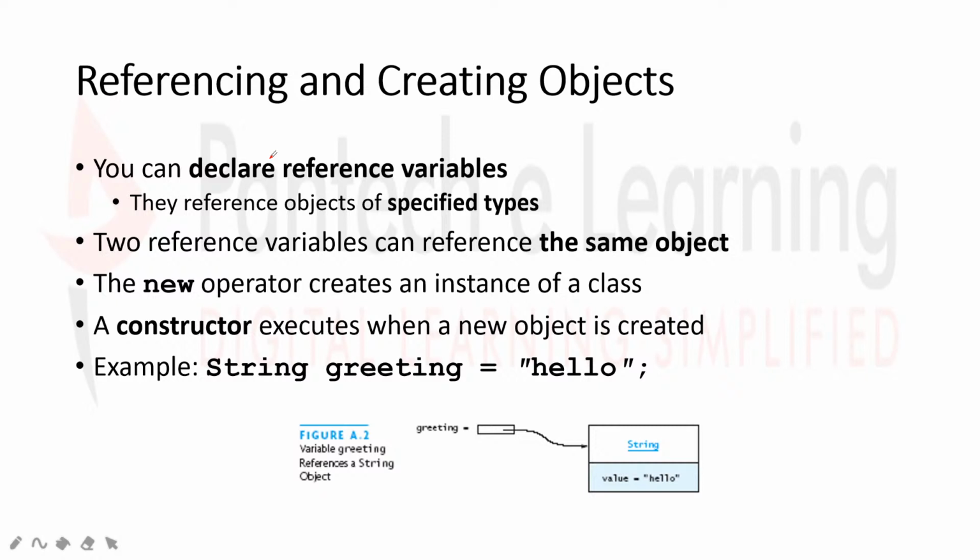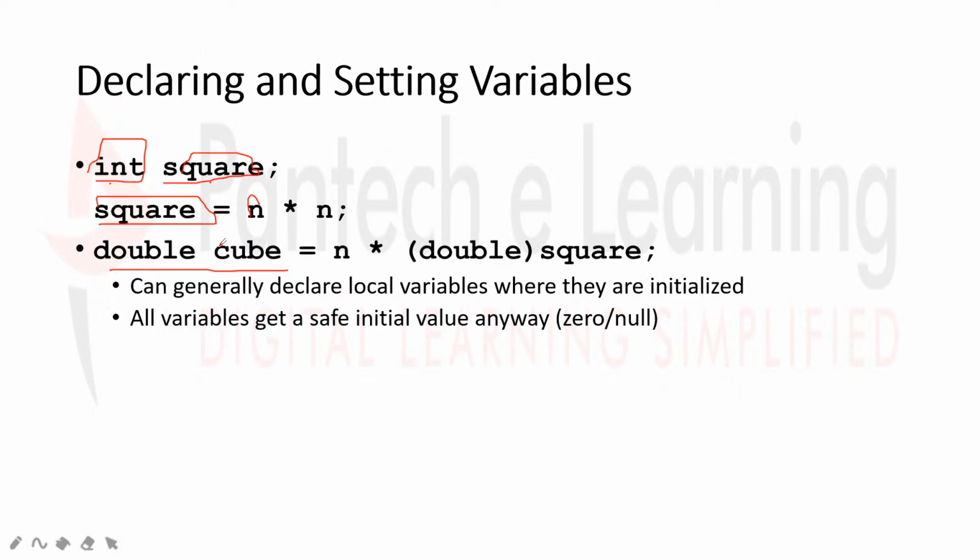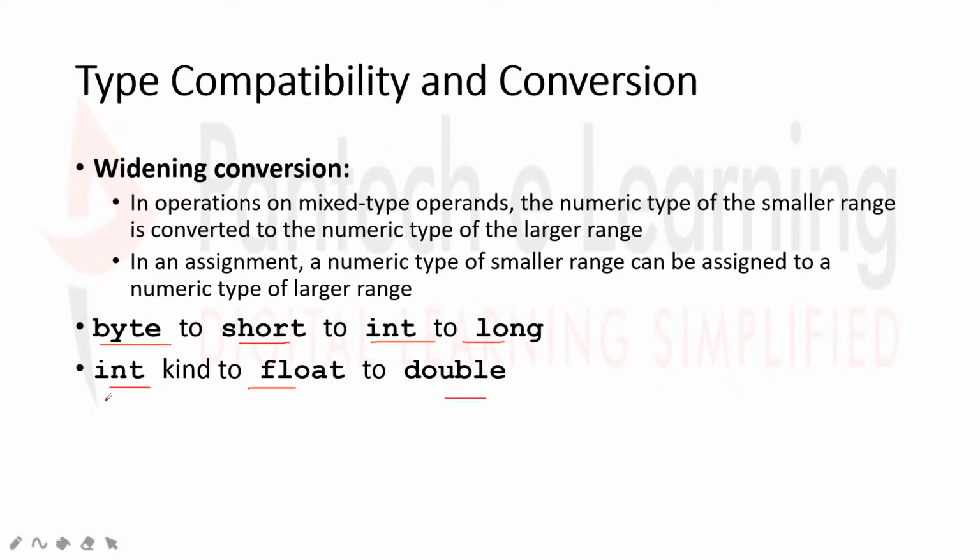You can do reference and creating an object, like declaring the reference variable at the same time. So let me see this type conversion in real time, how it's working.